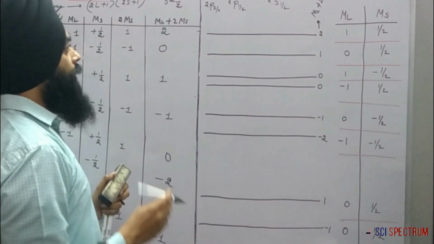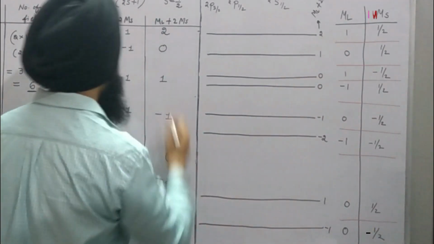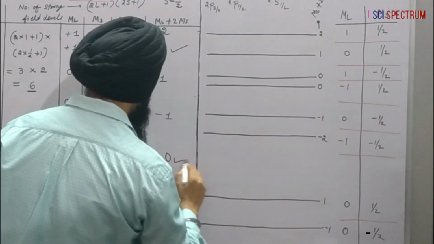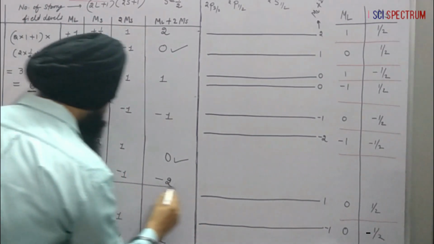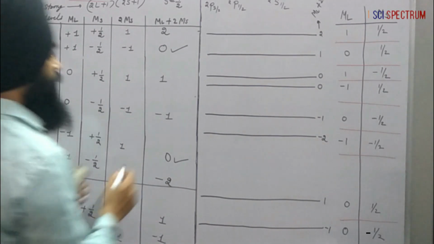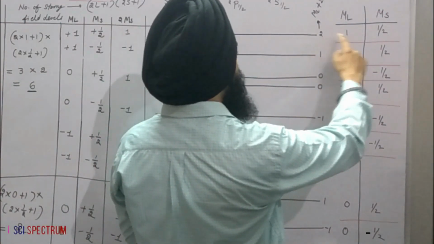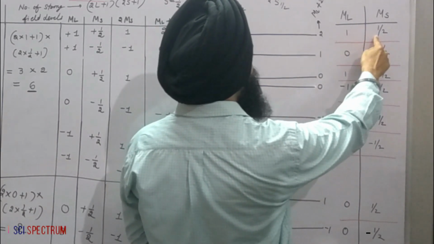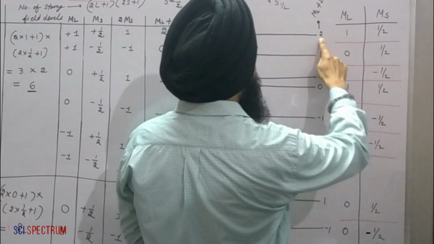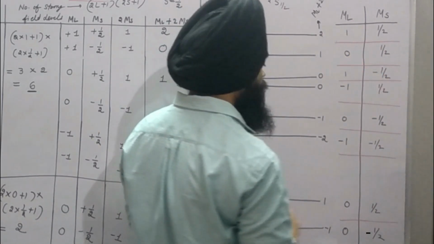So here for 2p 3 by 2 and 2p 1 by 2, we have two zero values here and here. We can differentiate this. This value is formed by adding ml plus 2ms. So if I add this plus 2 into this, we will get this value. And for each value, we have divided into ml and ms value.